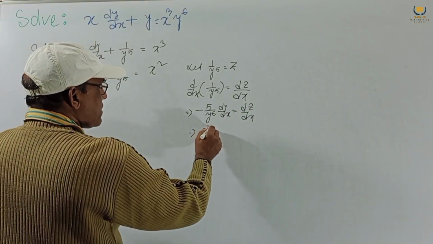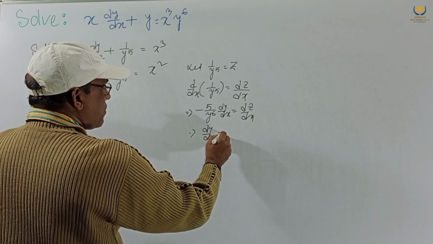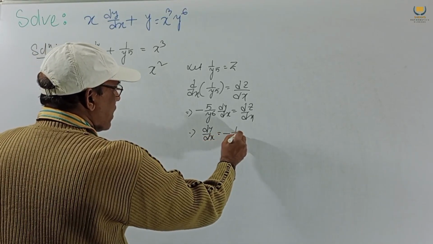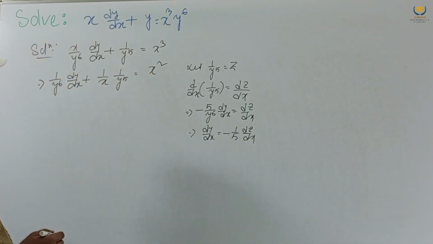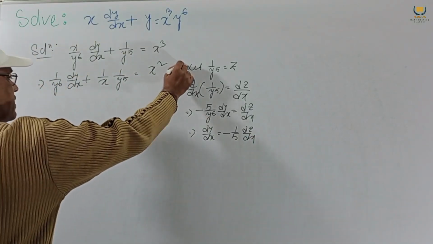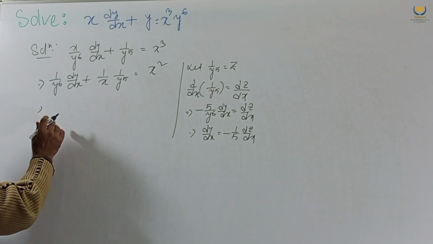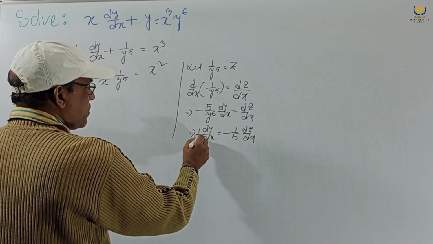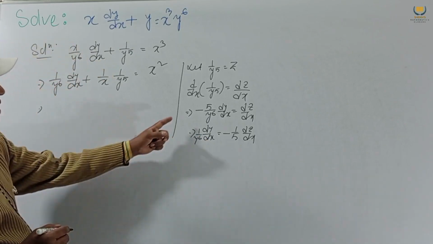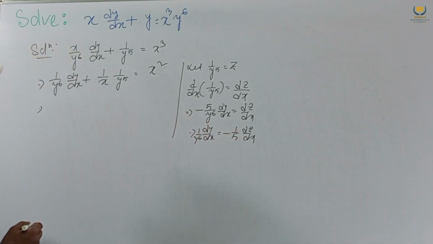And this implies dy dx equal to minus 1 by 5 dz dx. We get this. And putting the values here, this is 1 by y to the power 6, taking 5 to the right hand side, we get this.